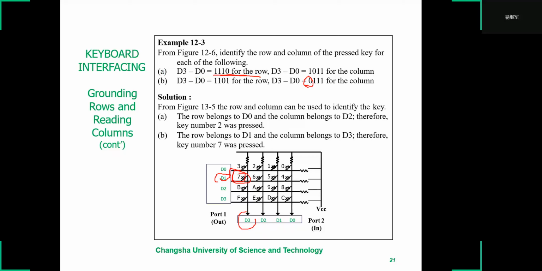If we give the output signal from this port, and we get the input from here, port 2 is this signal. So we can get the result for number 2. This is just an example of how to check which key is pressed.